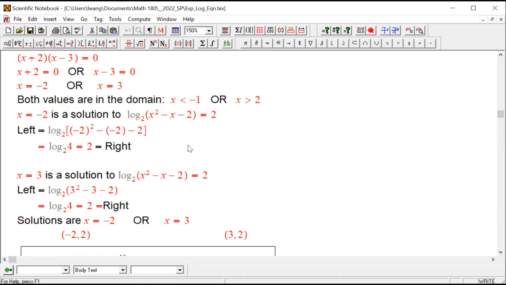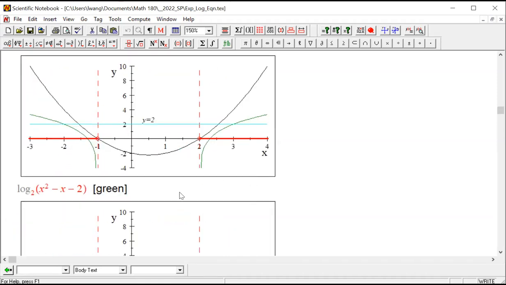So if you see this picture, the green piece, we have two green pieces. And the parabola, the positive part gets to take the logarithm.